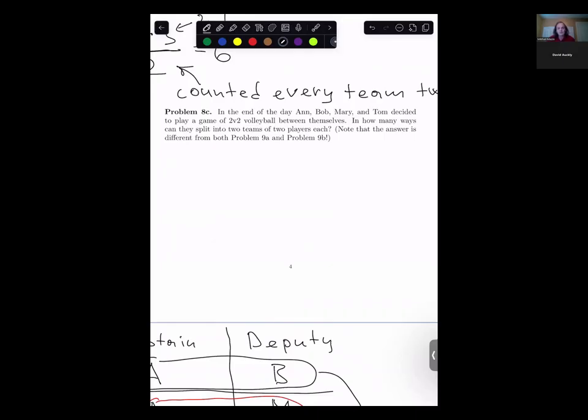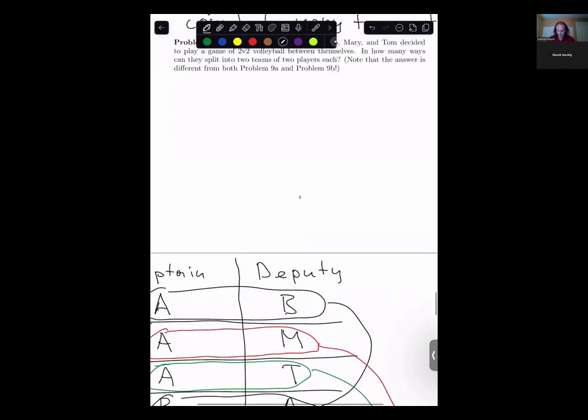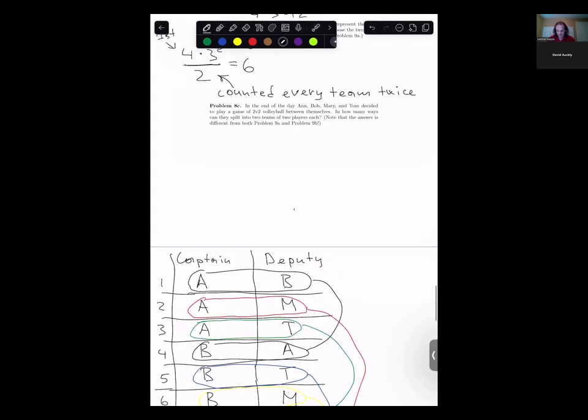So now what they need to do is split into teams and play against each other. So how many different ways are there to split into teams?